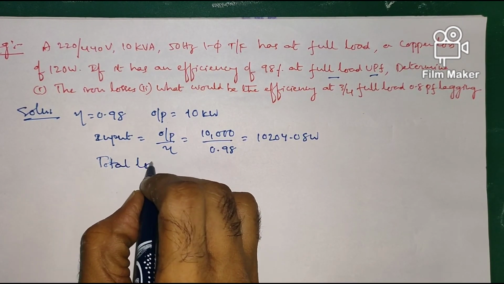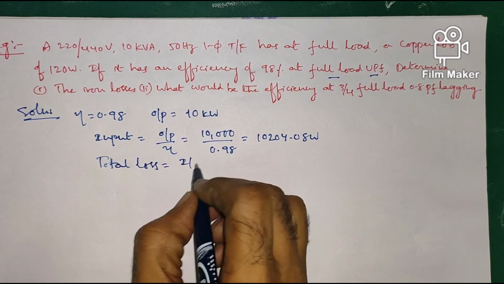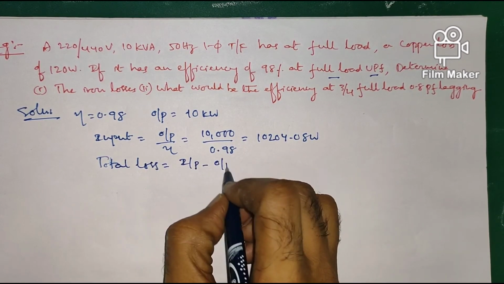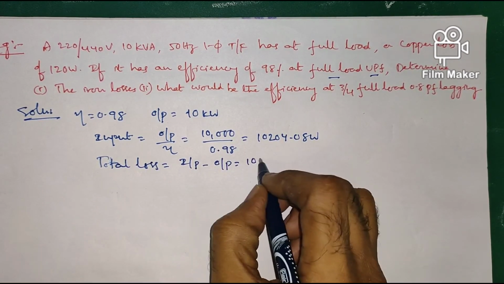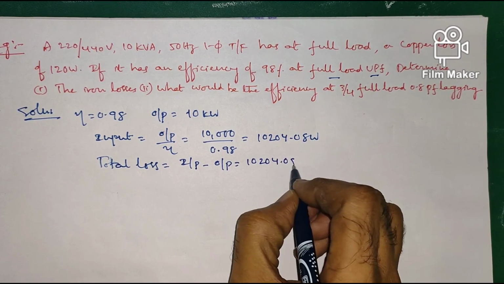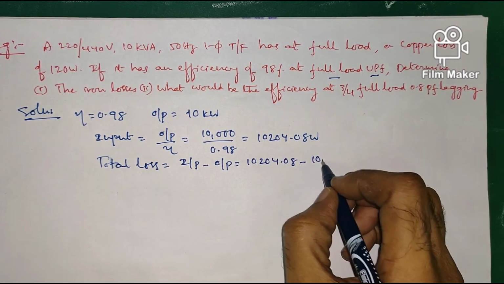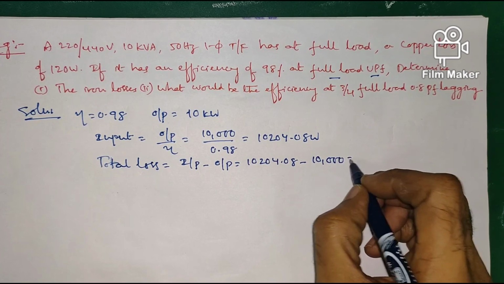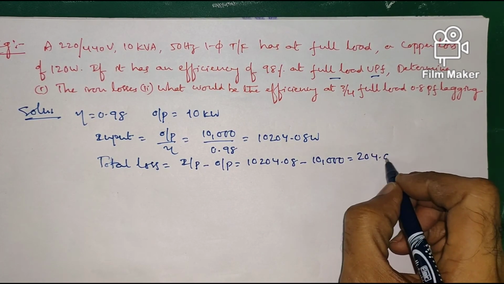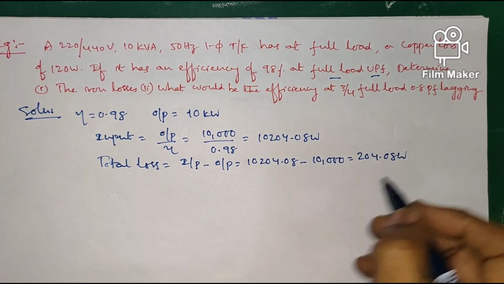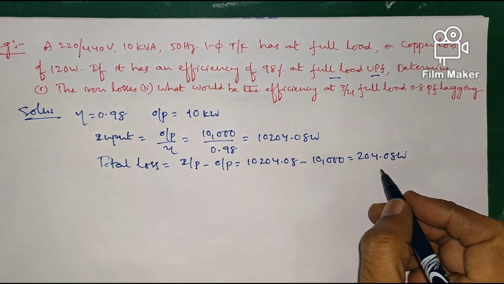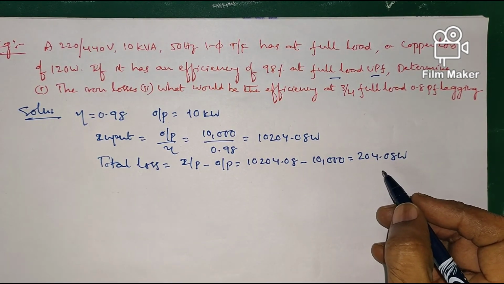Once we know the input and output, we can find out the total losses. The total loss now is equal to input minus output, that is equal to 10,204.08 minus 10,000, that is equal to 204.08 watts. This total loss constitutes core loss plus copper loss at that load.